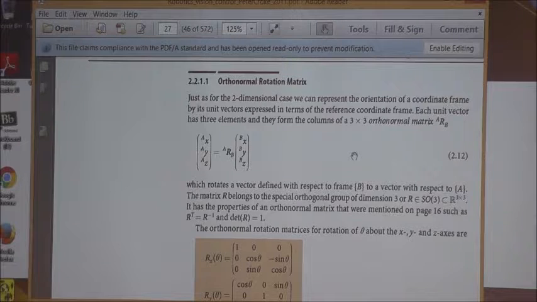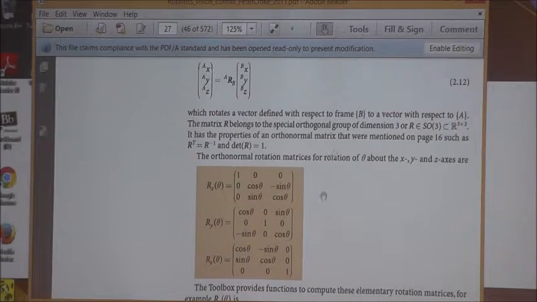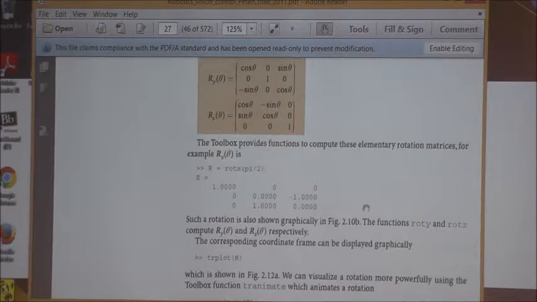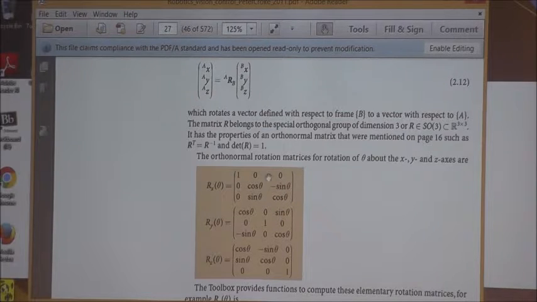The rotation matrix is orthonormal, which basically means that the transpose of the matrix is equal to the inverse of the matrix, right here. That's the definition of an orthonormal matrix. Okay, when a matrix inverse is equal to its own transpose, it's an orthonormal matrix. This comes from linear algebra.